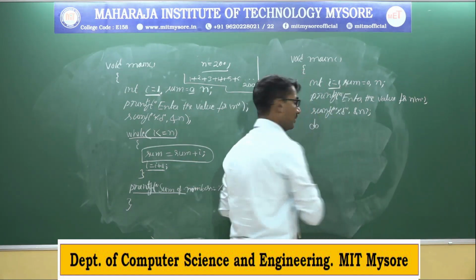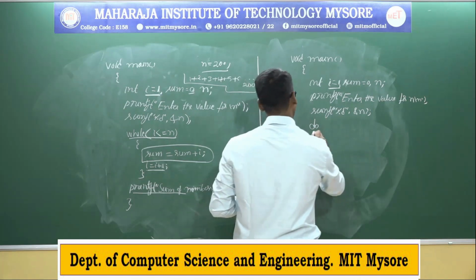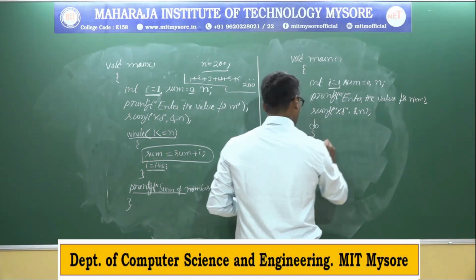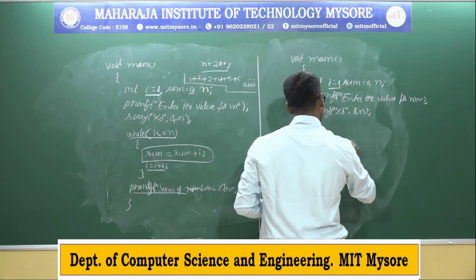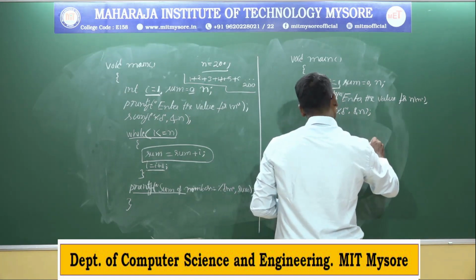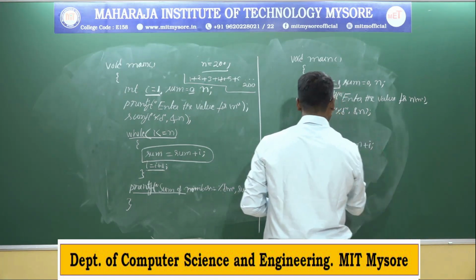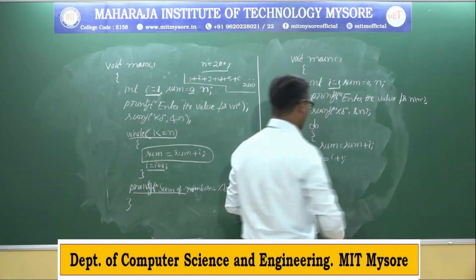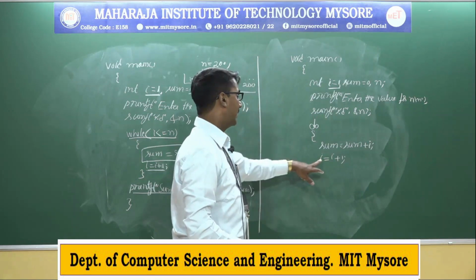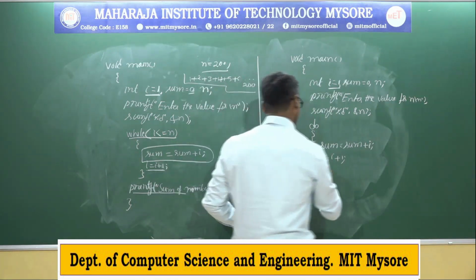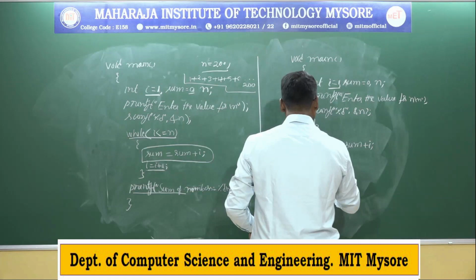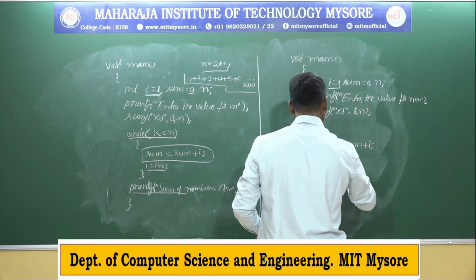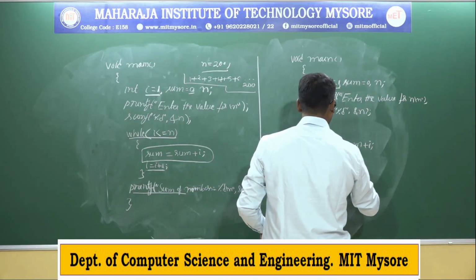The first statement is do. In do while statement, the first statement is do, then sum is equal to sum plus I, I is equal to I plus 1. So first I need to perform sum, later I will increment the value of I, then close bracket, while I less than n.